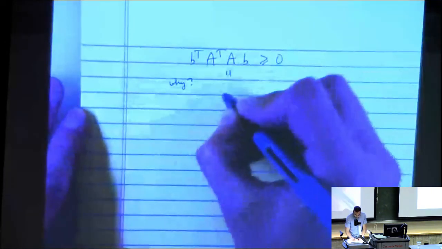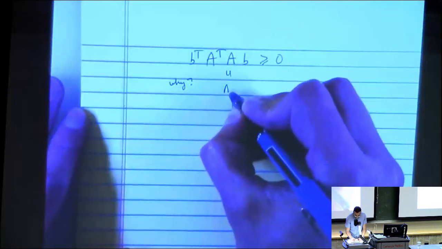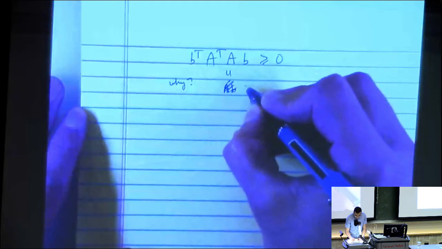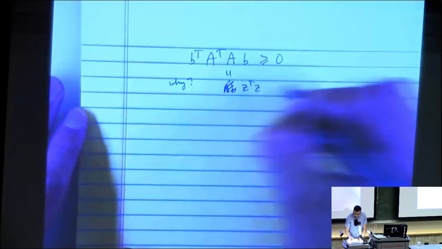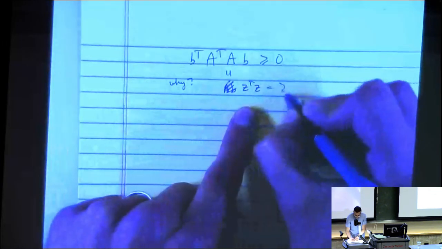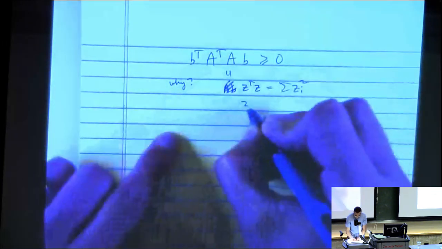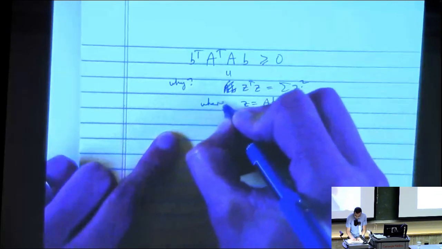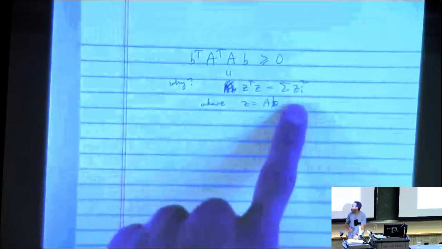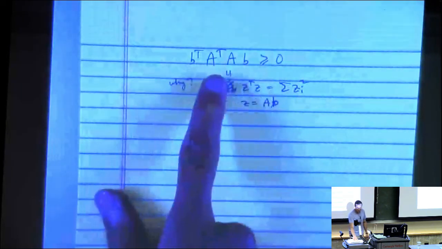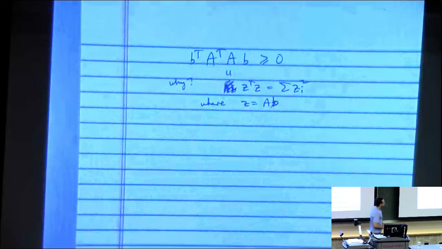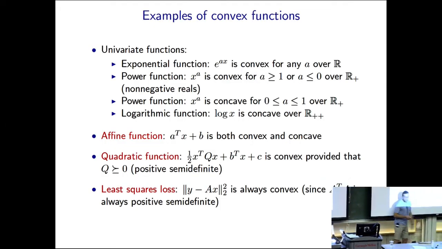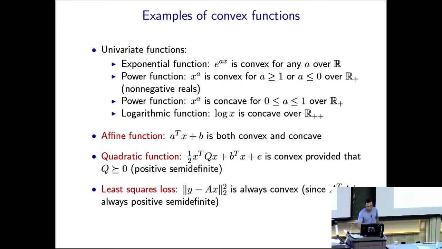It's because this thing is equal to z transpose z, where z is equal to A times b. So it's the sum of zi squared. So clearly this can only be bigger than or equal to 0. So then that matrix is positive semi-definite. So our friendly loss, the least squares loss, is always convex. Doesn't matter what A is.